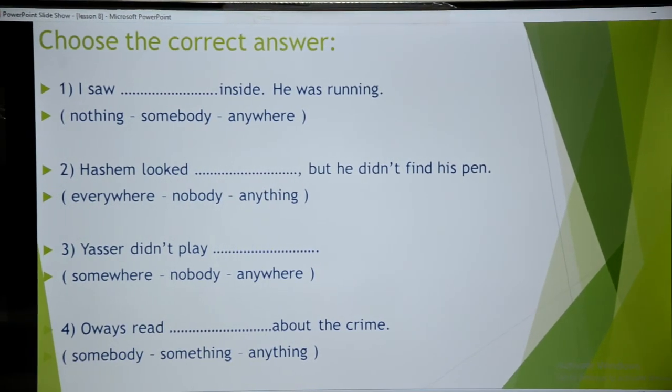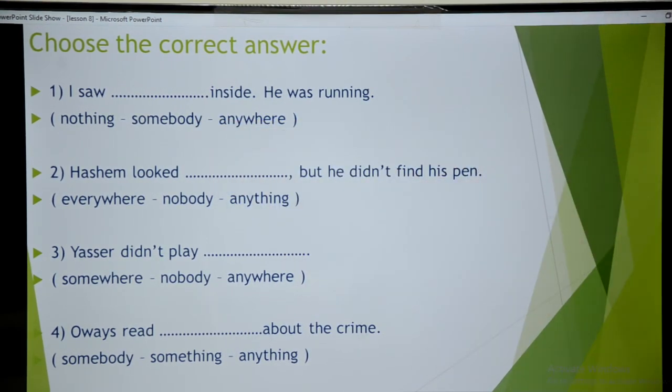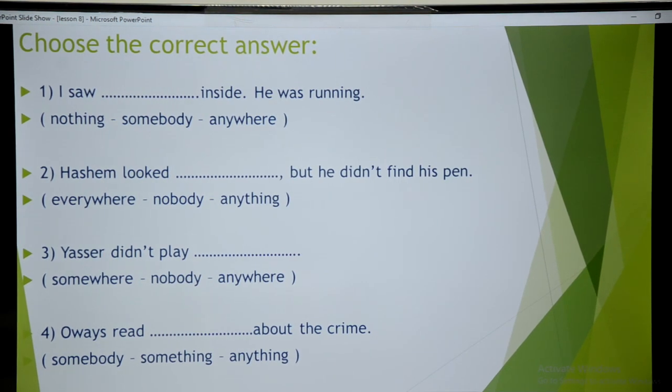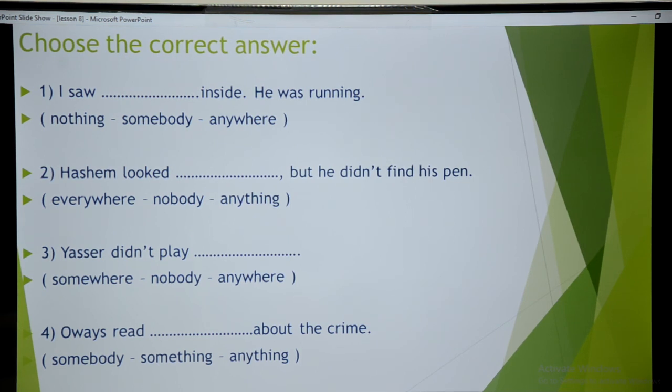So I'm talking about somebody. Yes, excellent. Okay. Number 2, Hashim looked space, but he didn't find his pen. Hashim looked everywhere, or nobody, or anything. Think with me. Yes, Hashim looked everywhere.